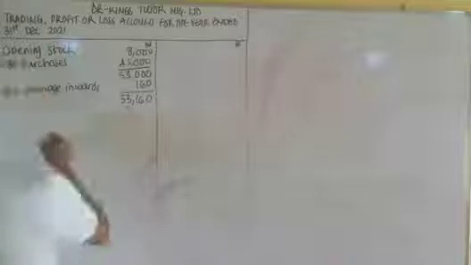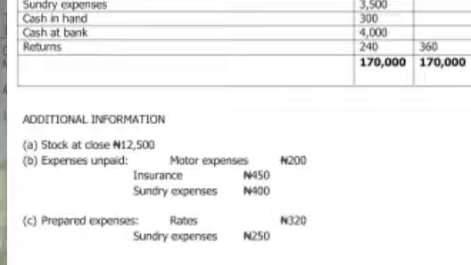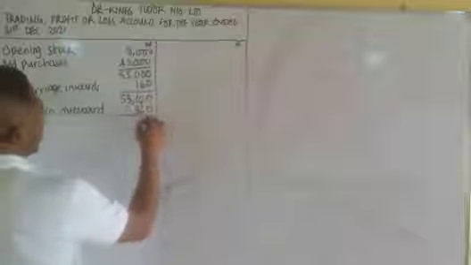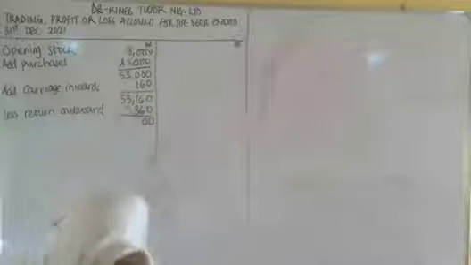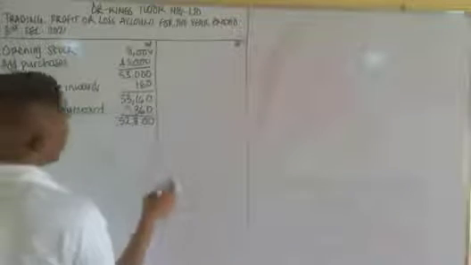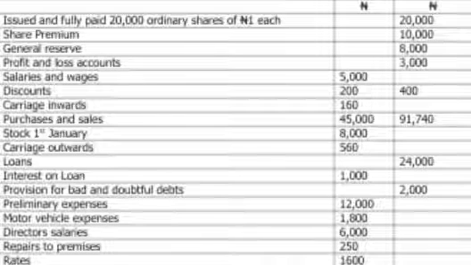Now let's check if there's return outward. There is less return outward. Return outward from the question is 360. So this minus 360, we have 52,800.